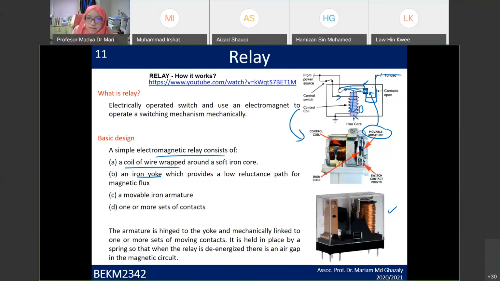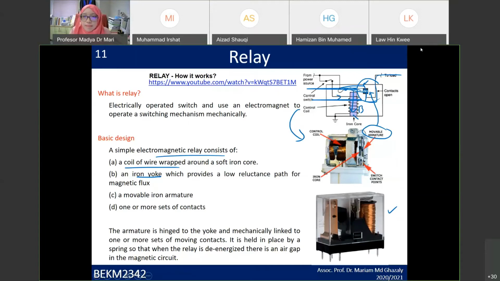This is the set of contacts over here. The armature is hinged to the yoke and mechanically linked to one or more moving contacts. Sometimes in a relay you have a few moving contacts, but in this case you have only one contact, which is normally open and held in place by a spring. This is the spring I explained just now, so that when the relay is de-energized, there is an air gap in the magnetic circuit.